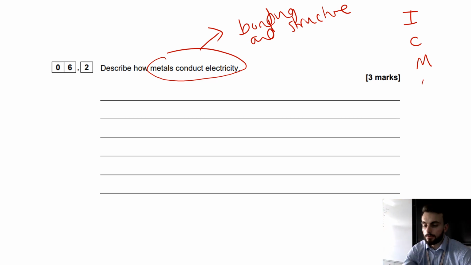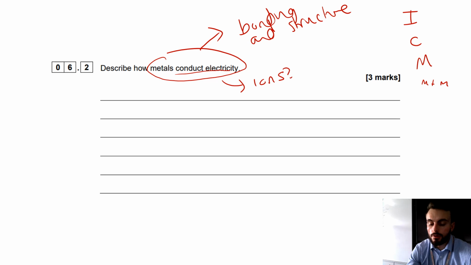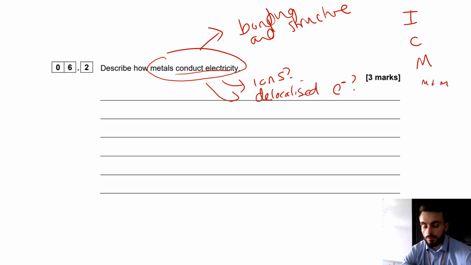When we're talking about conducting electricity, it's either about ions moving and carrying a charge, or about delocalized electrons. That's obviously not ions, because ions link to ionic bonding, which is not what we're talking about.